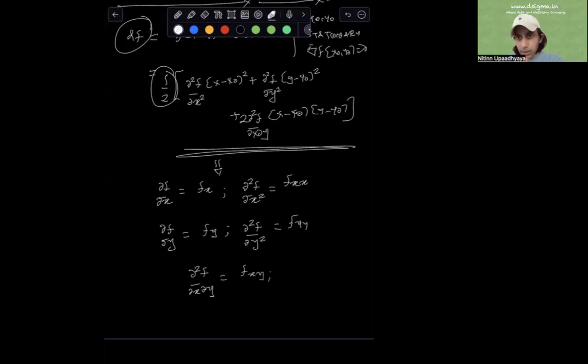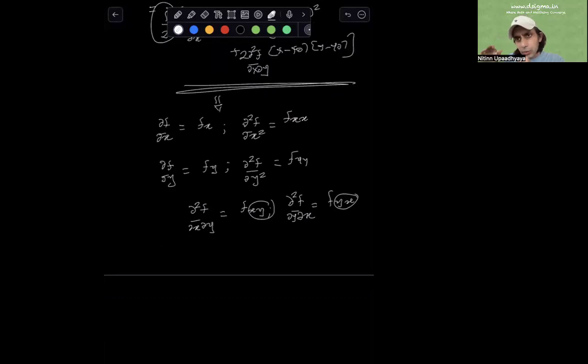And in case it's needed for us to distinguish between del squared f by del x del y and del squared f by del y del x, we can write this latter expression in the form f subscript yx. So we have just interchanged the order of x, y in these expressions. Likewise, since we're assuming that the point x is very near the point x naught and the point y is very near the point y naught, I'm going to write x minus x naught as dx and y minus y naught as dy.